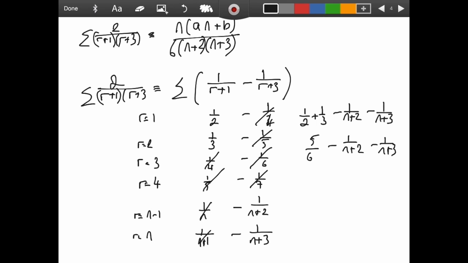And bring them all together as one fraction. So we get on the top 5(n plus 2)(n plus 3) minus 6(n plus 3) minus 6(n plus 2), all over 6(n plus 2)(n plus 3).